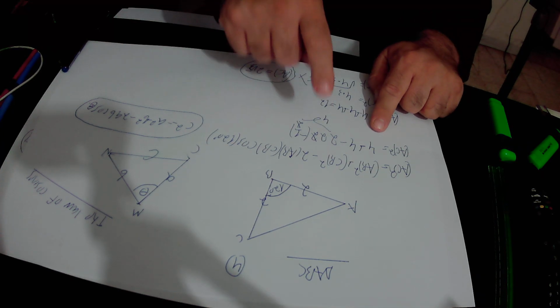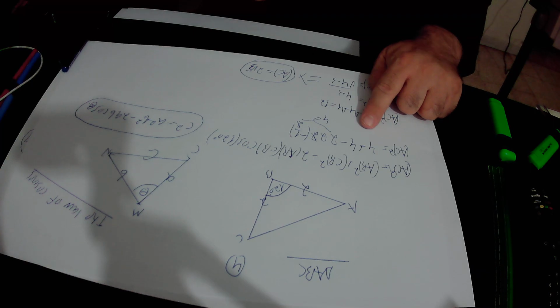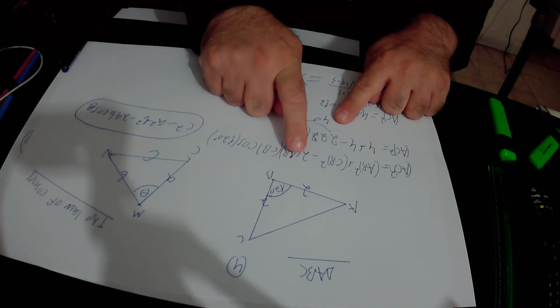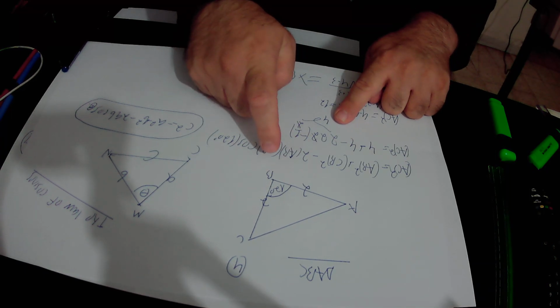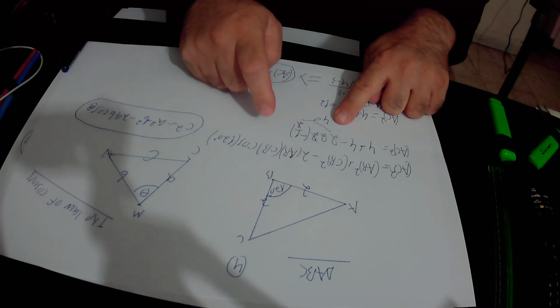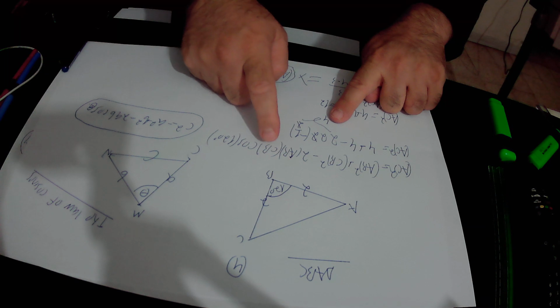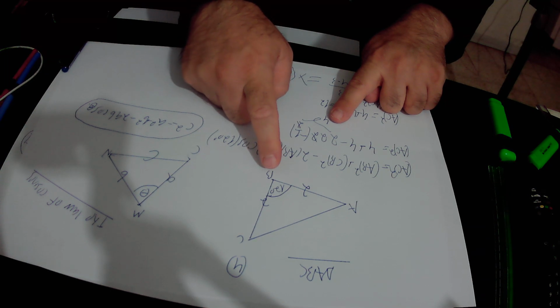AB equals 2 units, therefore AB squared is 2 squared, that is 4. Plus CB squared. CB equals 2, so CB squared is 2 squared, that is 4. Minus 2 times AB, which is 2, times BC, which is also 2, times cosine 120 degrees. And the value of cosine 120 degrees is minus 1/2.